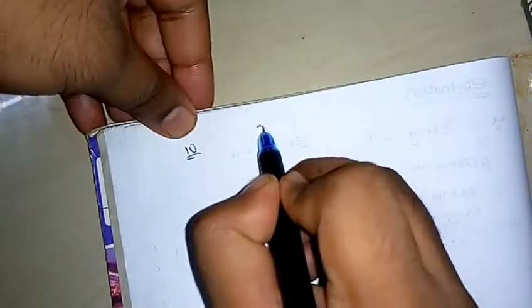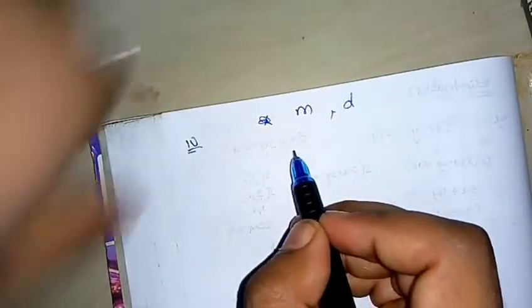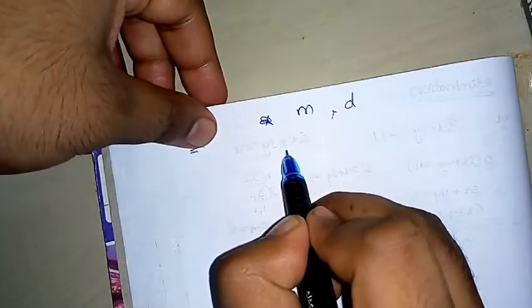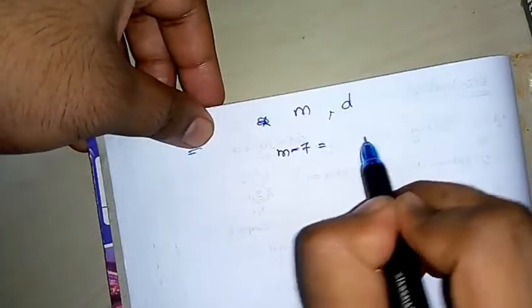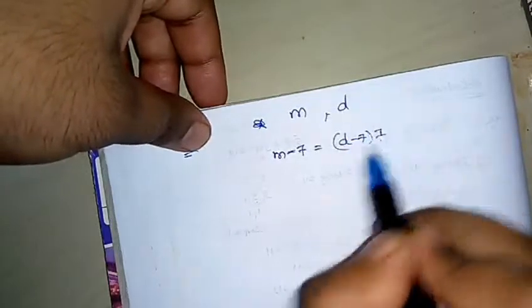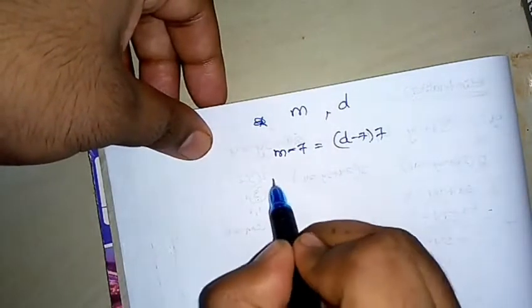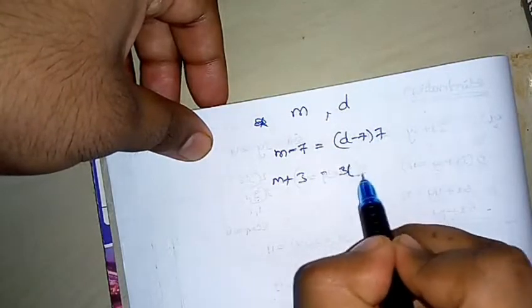Let the current ages of Mary and her daughter be M and D. So 7 years ago, M minus 7 is equal to D minus 7 into 7. Also, 3 years from now, M plus 3, I shall be 3 times as old as you, 3 into D plus 3.